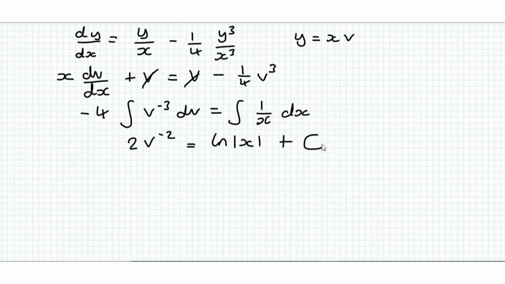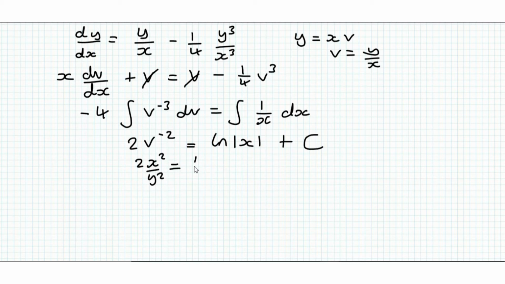Now we want to substitute v is equal to y over x, because we're trying to find y in terms of x, and that's going to give us 2x squared over y squared is equal to ln x plus c.